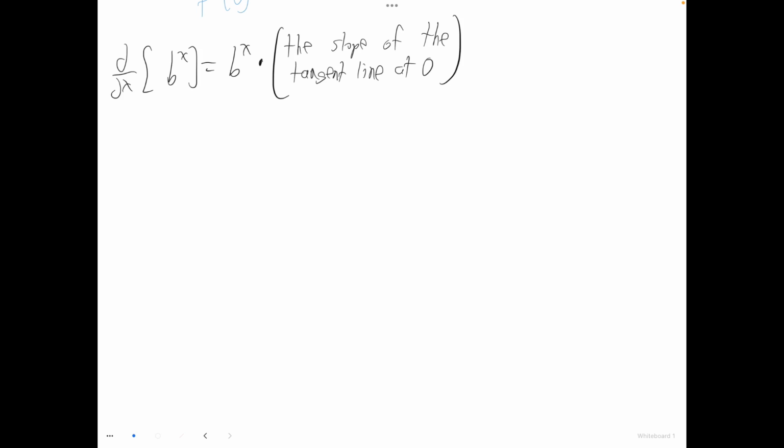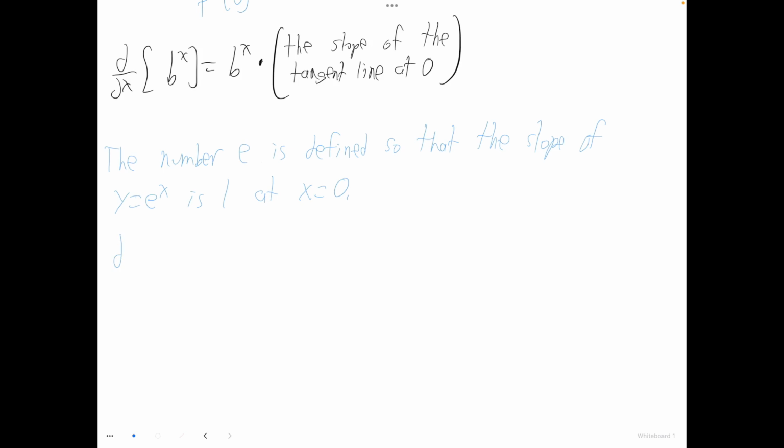So this is where a special fact comes in. Now the number e is defined so that the slope of y equals e to the x is 1 at x equals 0.